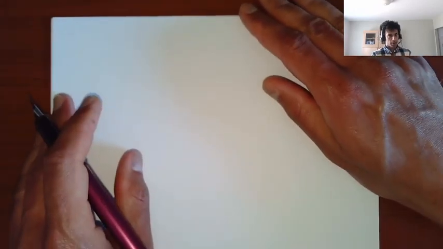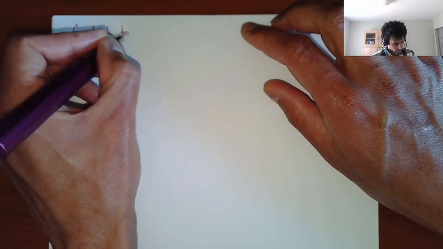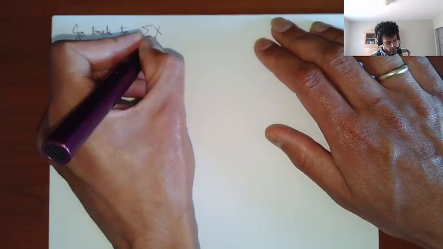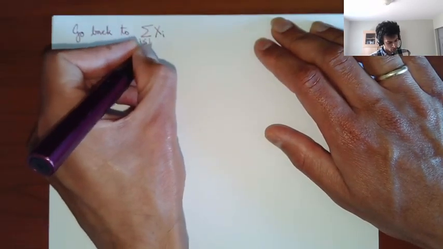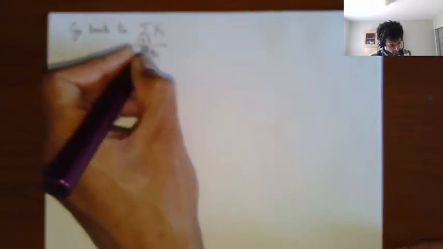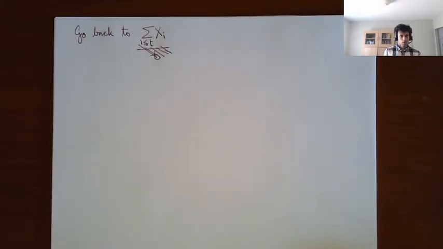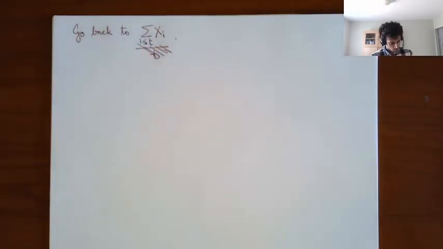Okay, so now with that, let's go back to what we were interested in initially, which is, we need to choose the number of trials. Rather, let's ignore the denominator. So we need to go back to the summation of x_i.